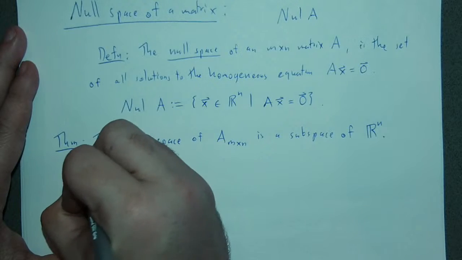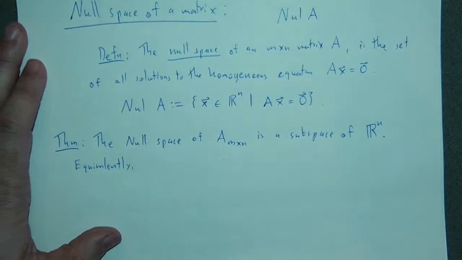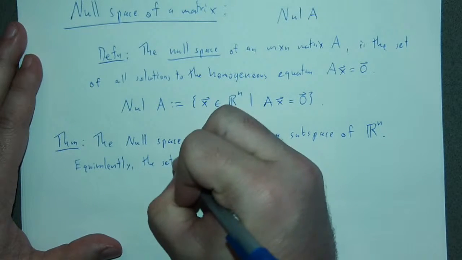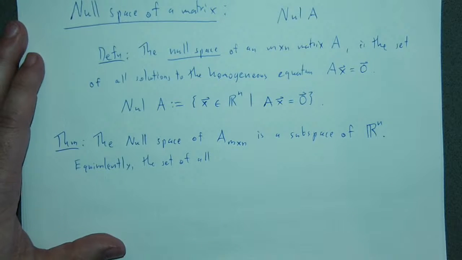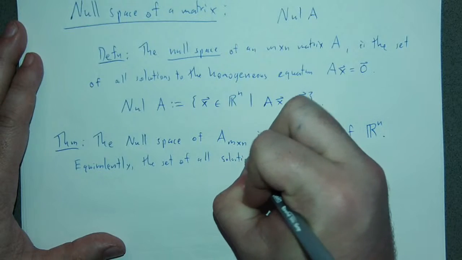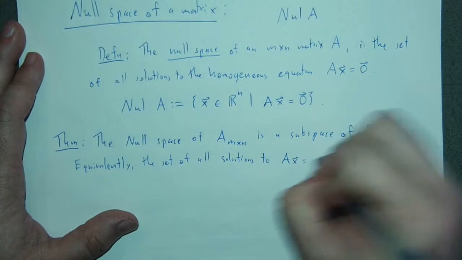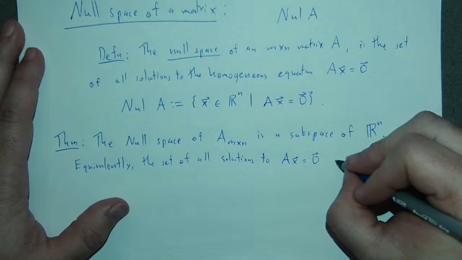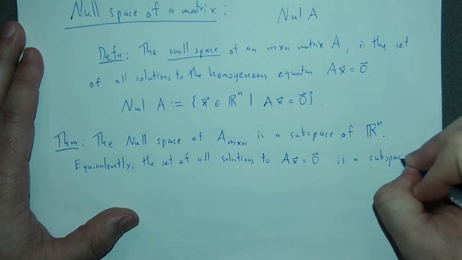Equivalently, and this is the nicer way of saying what I'm about to write out in words, the set of all solutions to Ax equals 0 is a subspace of Rn.